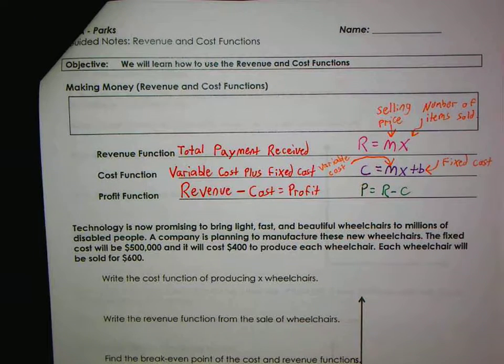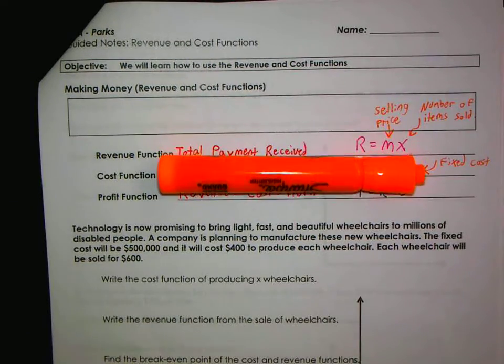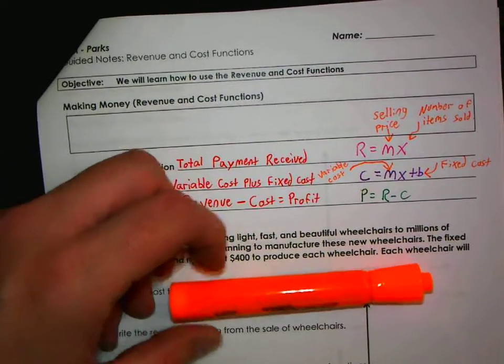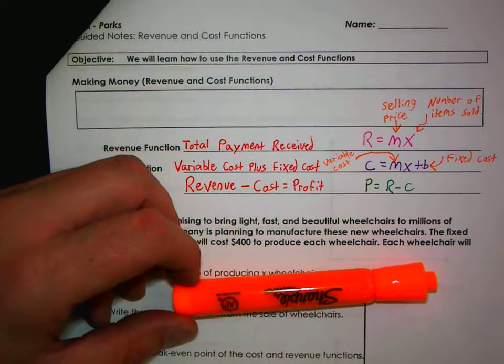So today, we're going to use two functions, one being the revenue function and one being the cost function. So if you open up, say, a store, and let's say you're selling highlighters. This highlighter has materials that cost money.